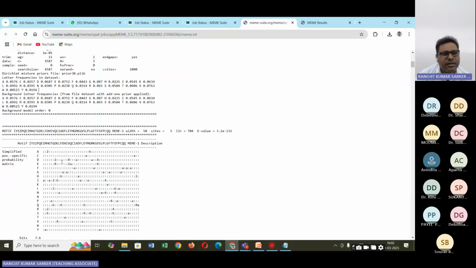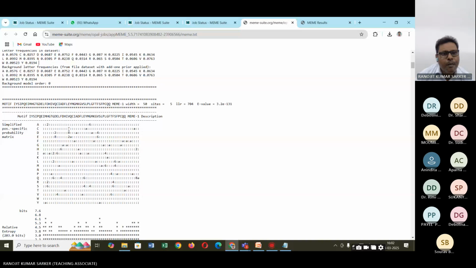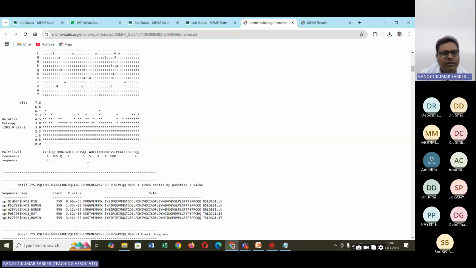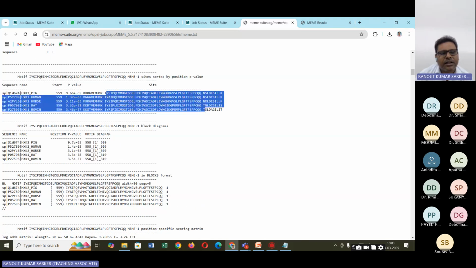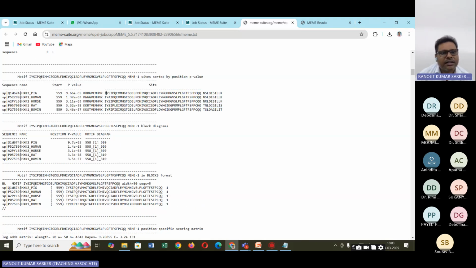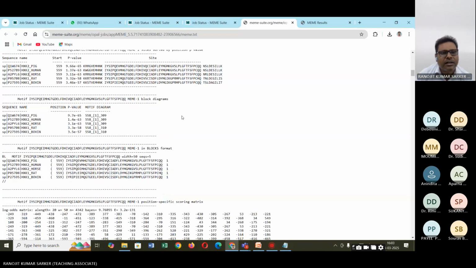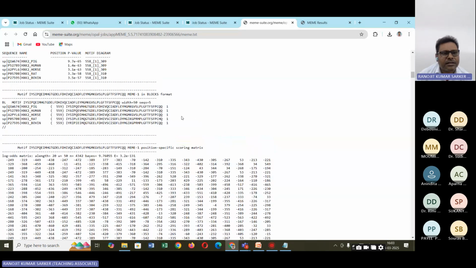These are the motif regions. These are the sites. So already you know that these are the sites, right? In pig, in human. As per score, they have arranged this.